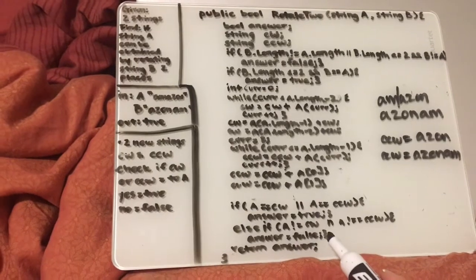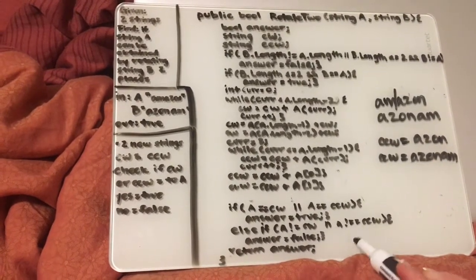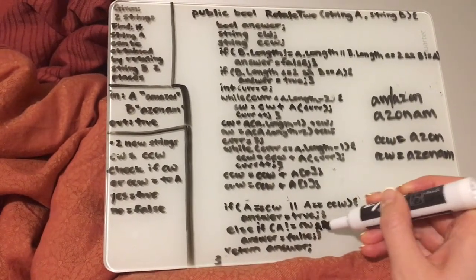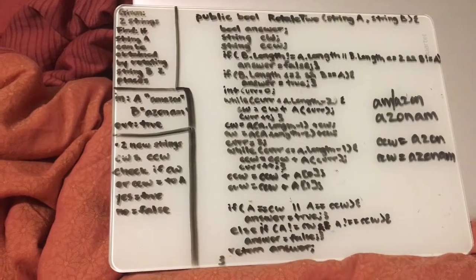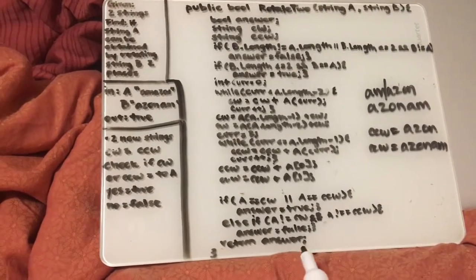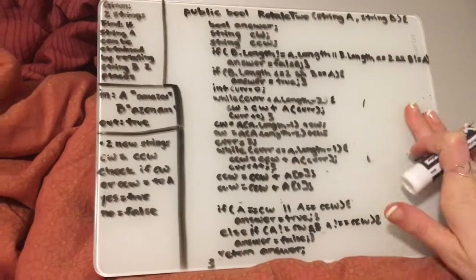So I changed this to an else if. So if it's not equal to this, and it's not equal to that, then the answer is false, and we're returning answer. We can get rid of this.